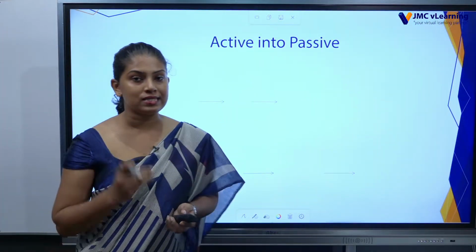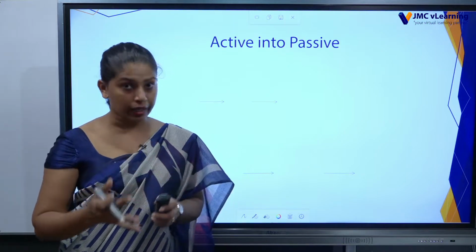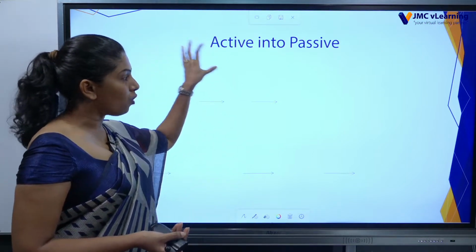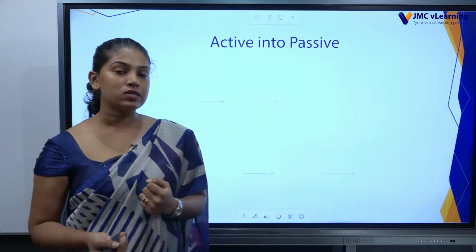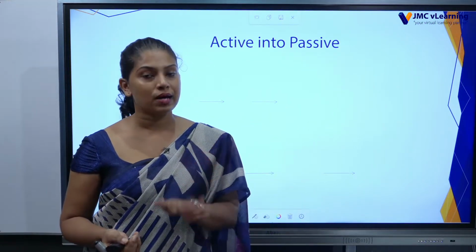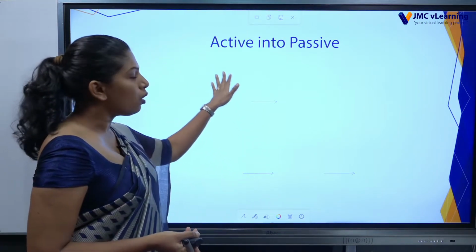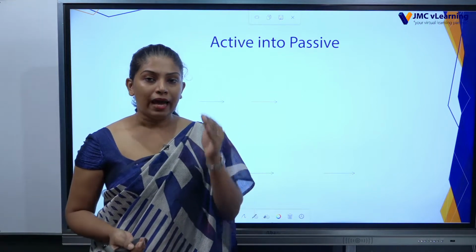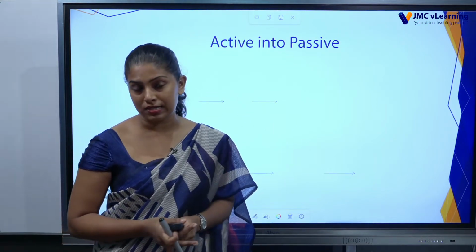Right. Now let's see how we have to convert active voice into passive voice. As we have already discussed, we are talking about passive voice in the past simple tense. So, how do we convert an active voice past tense sentence into a passive voice past tense sentence?